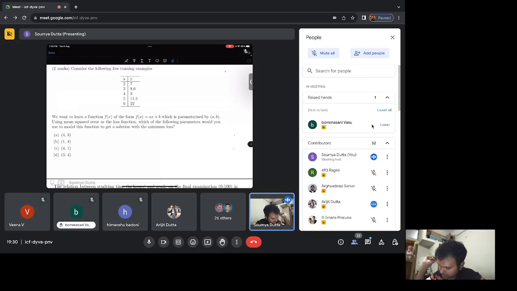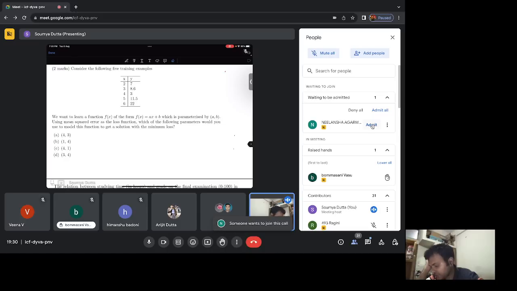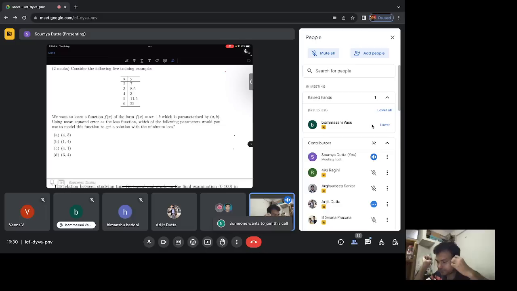Okay, the options are given. One way would be to see which one gives you the minimum error, but I don't know whether that would be easier than trying to solve this, because I don't think these would be the correct answers. There would be some decimals. That's what I feel. It wouldn't be so good probably. That is why I was trying to draw this line also.